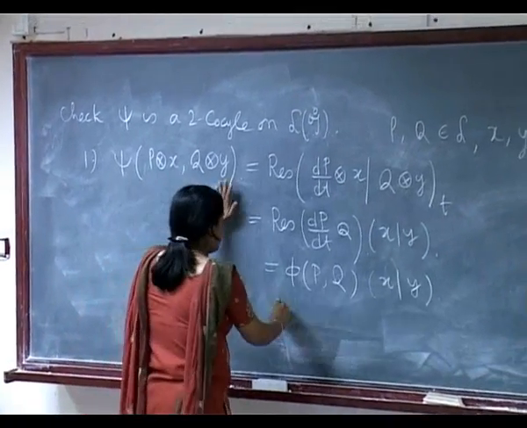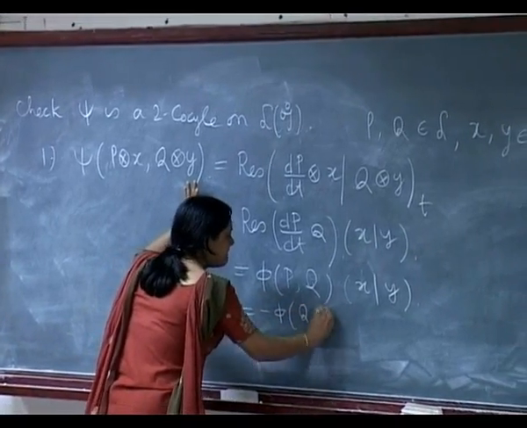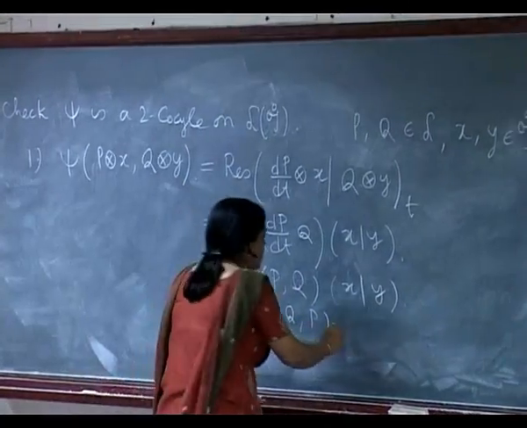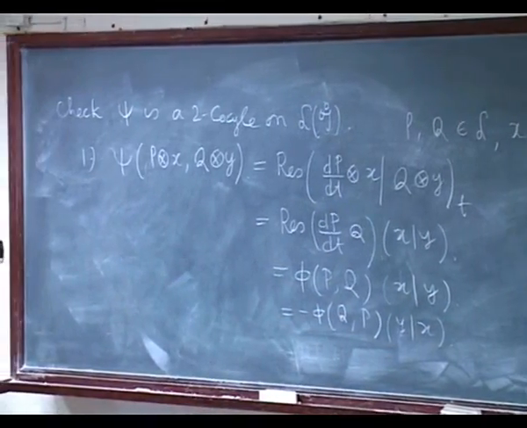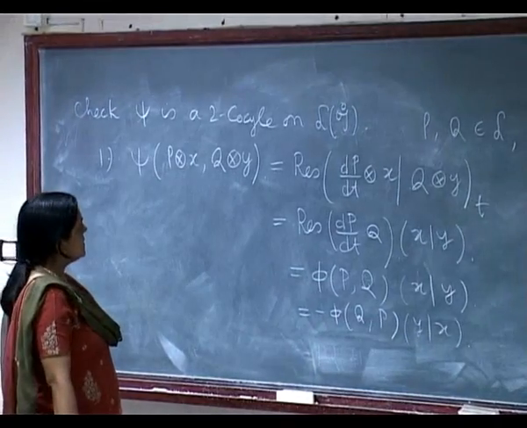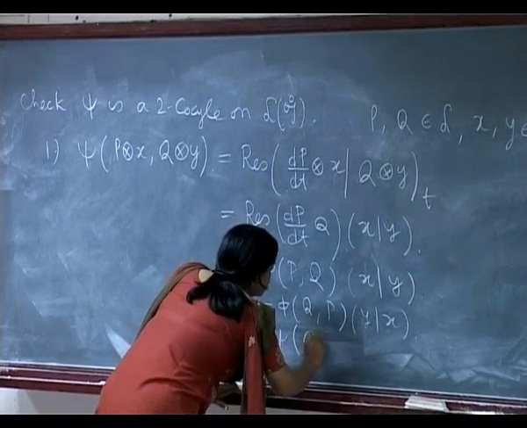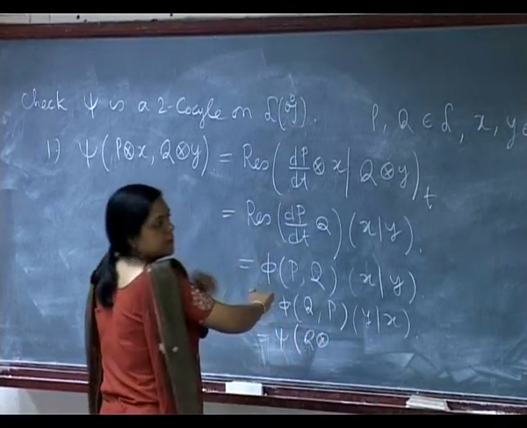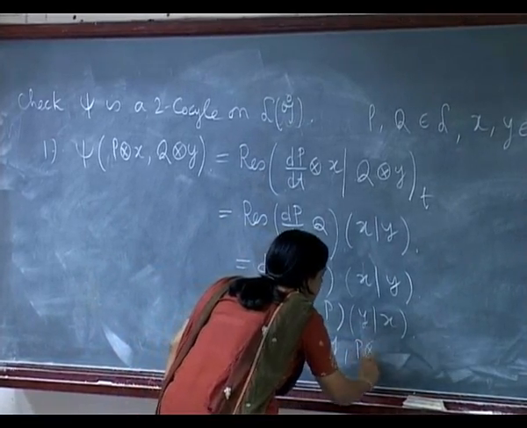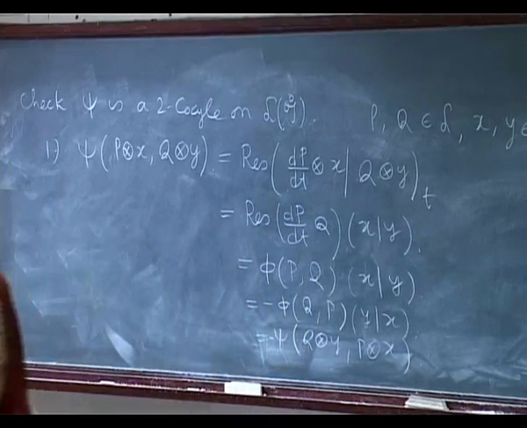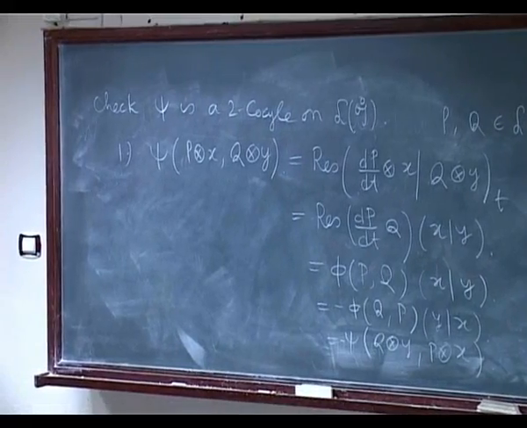So, we can write this as minus phi of QP, and this is symmetric. So, this is nothing but psi of Q tensor y, P tensor x with a minus sign. So, the first property we have checked.